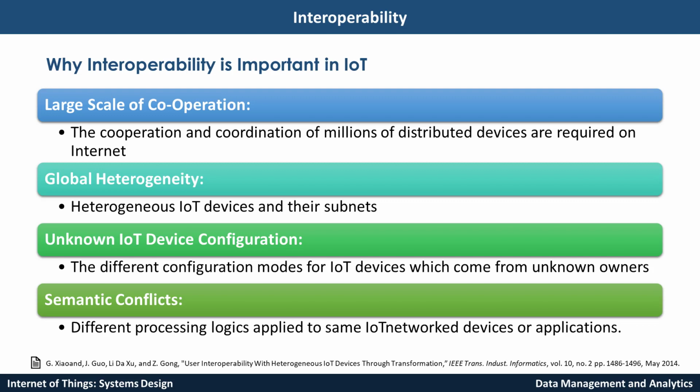Why is interoperability important in IoT? First, large-scale cooperation: cooperation and coordination of millions of distributed devices. In order to do that, they should be able to communicate with each other without a centralized control.